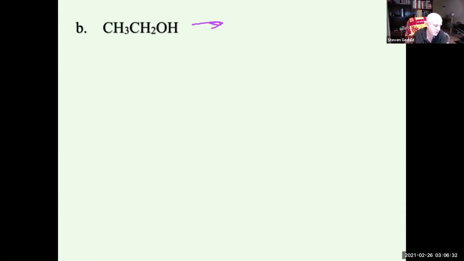All right, so CH3CH2OH is ethanol, and we're going to oxidize it. And we're going to end up with CH3, and then we're going to pull a hydrogen off the OH group and a hydrogen off that same carbon.